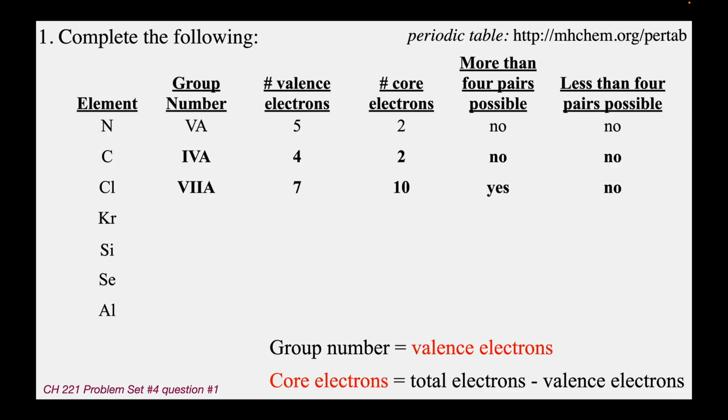So when we're drawing Lewis structures, sometimes chlorine will have more than just the tetrahedron, and we'll talk about that in a little bit. But for right now, because chlorine is third period and lower, it can make more than 4 pairs. However, less than 4 pairs, no way. Chlorine loves electrons so much that it won't make less than 4 pairs. It always wants to have at least 4 pairs, and sometimes even more than that.